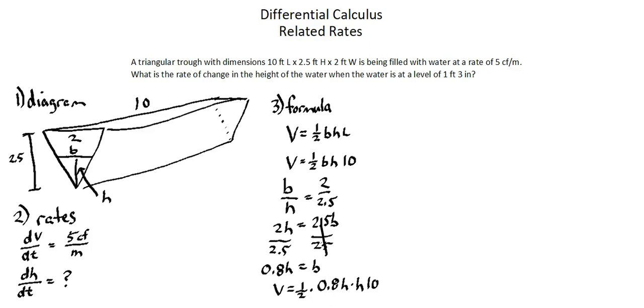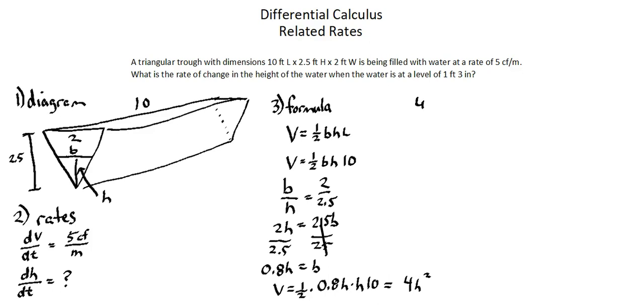So notice that I've substituted in for b the equivalent value of 0.8h, and now I have an equation with one variable. And I can simplify to volume equals 1/2 times 0.8 times 10, which is 4h squared.